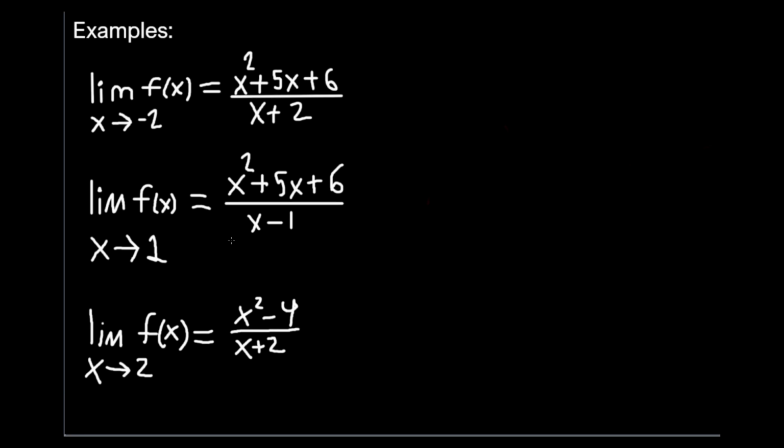Okay, for our final example here, we have the limit of f of x as x approaches 2 is equal to x squared minus 4 over x plus 2. So then we have 2 squared minus 4 over 2 plus 2, which is 4 minus 4, so 0 over 4.